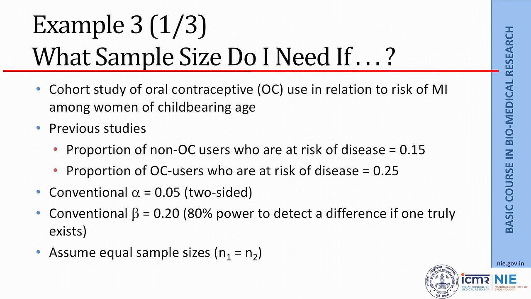and these examples should give you some idea of how the sample size is computed in different scenarios. Take for example a cohort study of oral contraceptives used in relation to the risk of myocardial infarction among women of childbearing age. Previous studies have indicated that the proportion of non-OC users who are at risk of disease is 0.15.